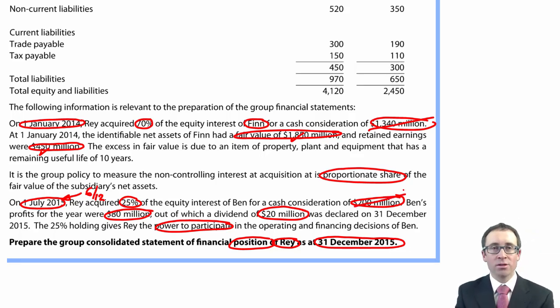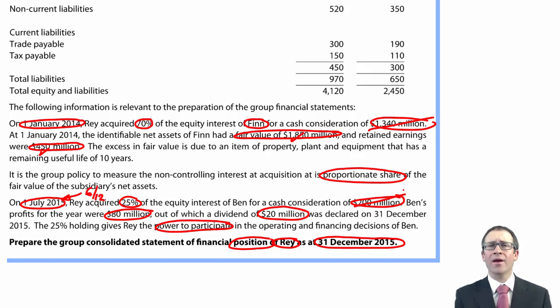And we ignore those investments, don't we? Because for the sub, we prepare the consolidated financial statements for the group SFP. And then for the associate, we put it separately, an equity account. So we ignore the 1,340. We ignore the 200. So is that 1,540? So that matches up to the investment figure in P's SFP. So we can ignore that investment there.